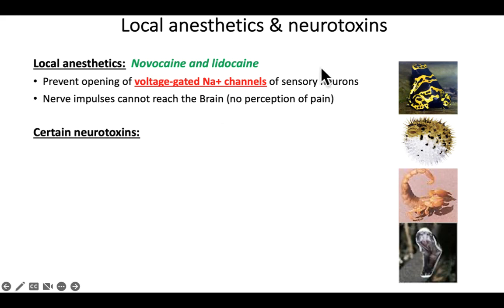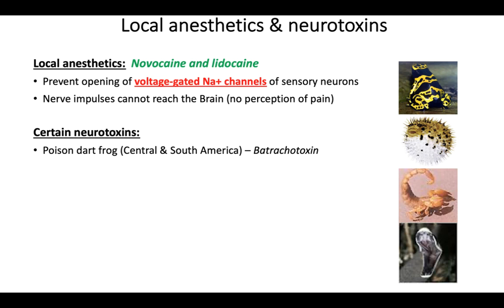Those sensory neurons are pain neurons, so you're not going to be able to transmit pain, and you won't perceive when someone is stitching you up or pulling a tooth. This is a great example of learning this complicated physiology and then applying it to something clinically relevant, such as these local anesthetics.